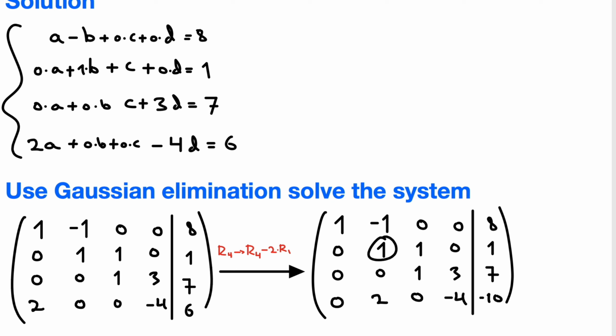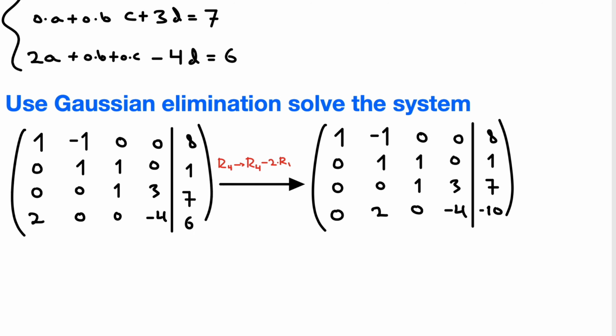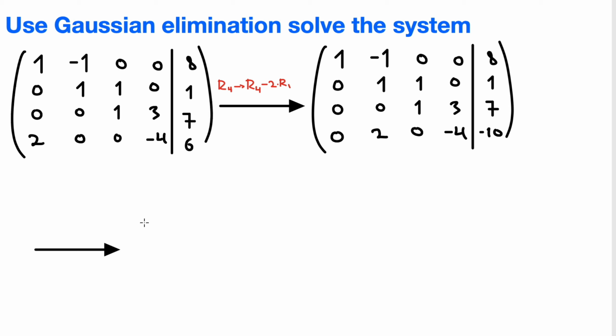And now we need a 1 over here, and we have that. And now I'm going to use this 1 to get rid of the 2, and I'll also get rid of the negative 1 above. So we'll reach reduced row echelon form in this manner. Great. So now let's get rid of both of these.